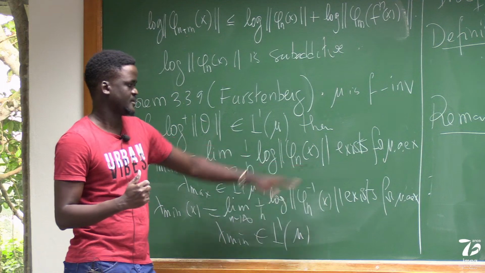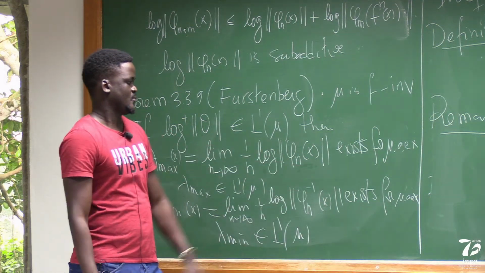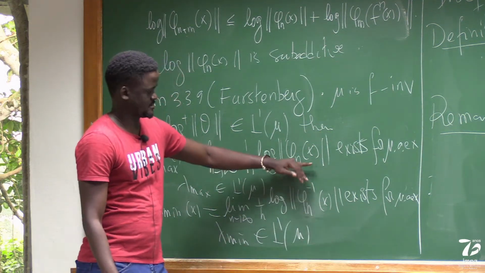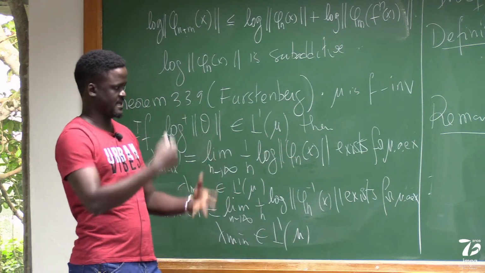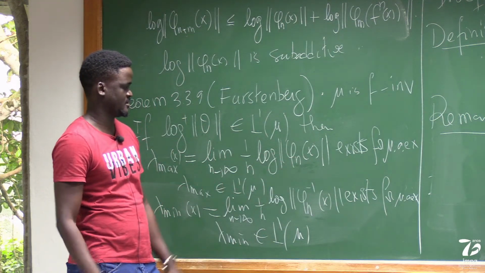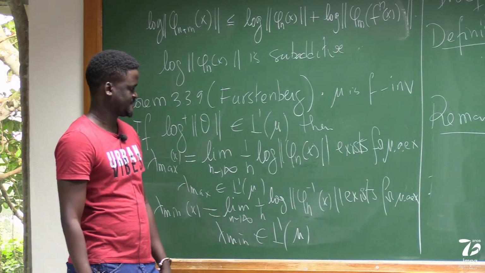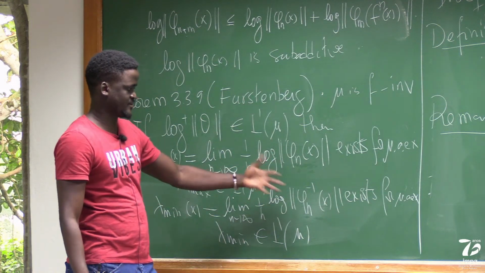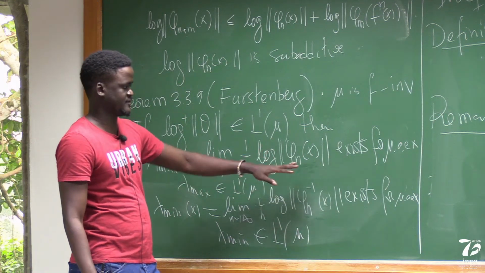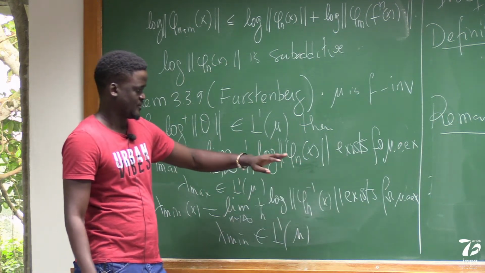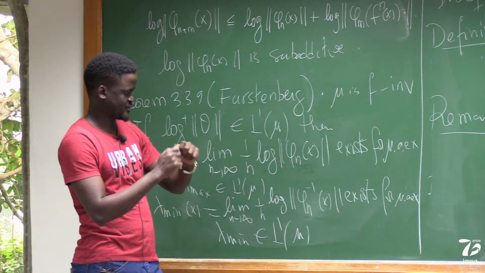Like when this guy is 0, this says that the derivative is not exponential, with positive exponents. And if this guy is positive, you can be sure that you have some expansion.